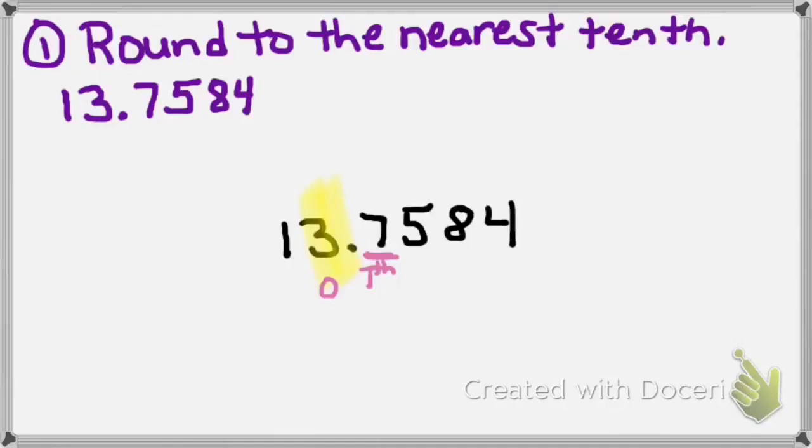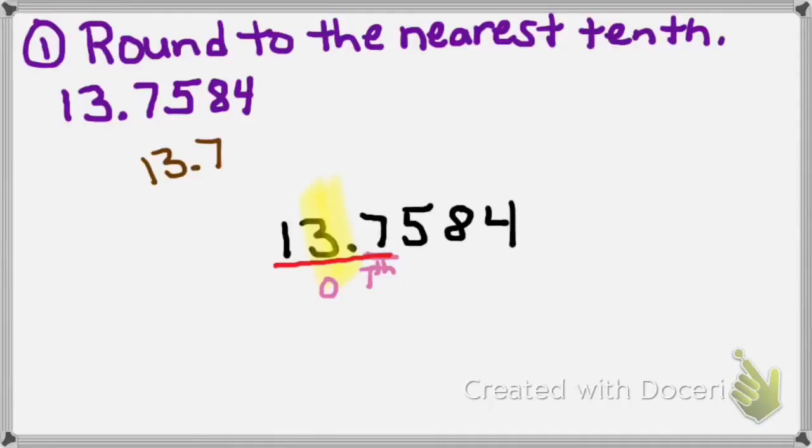If I need to round to the nearest tenth, then I'm going to underline the 7 and everything to the left of it. So I'll extend that underline from the 7 all the way to the very left-hand side. Now this is the number that I'll be rounding to. So on the left-hand side, I'm going to copy everything that's underlined: 1, 3, decimal, 7.